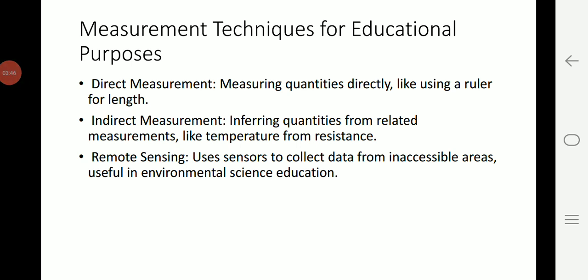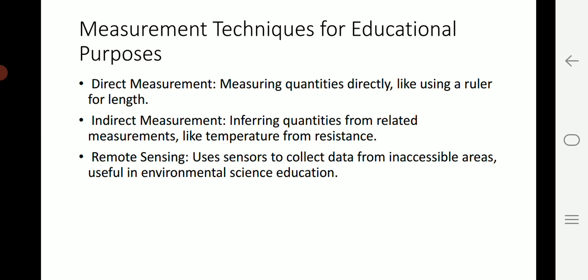It means when we measure the length of a bottle, we can use a scale to measure directly, right? So this comes under direct measurement. It means we can physically measure this.